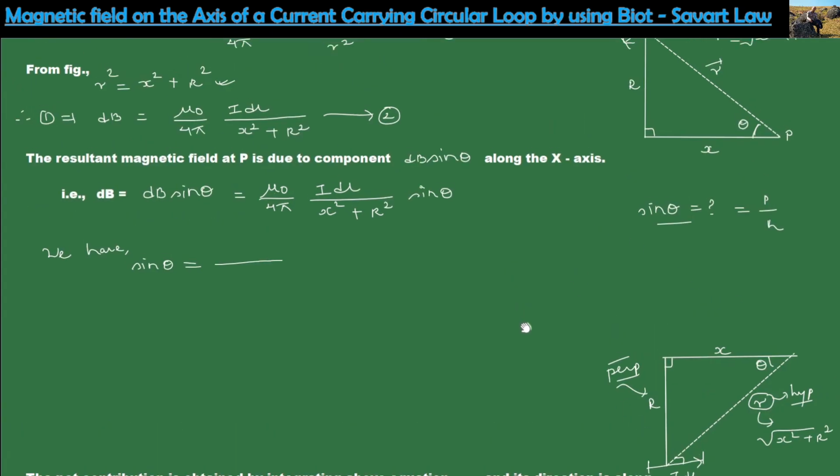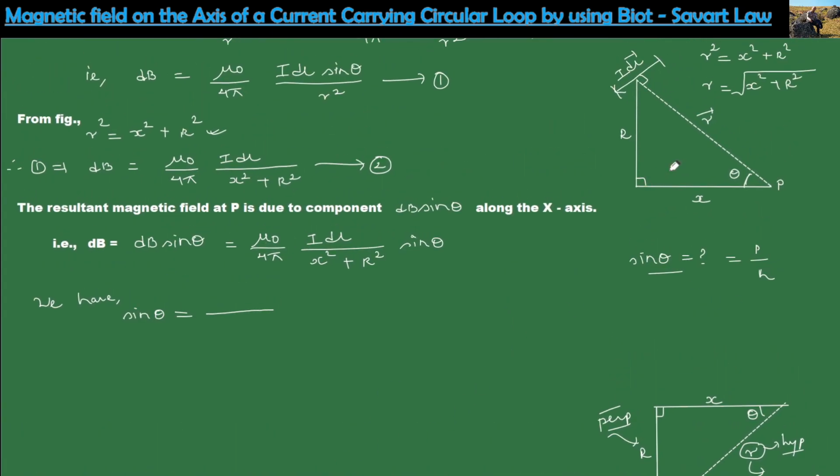Similarly, over here also, what will be the perpendicular? The perpendicular in this case will be this r, the radius of that coil. This value of r will be your hypotenuse. So from here, the value of sine theta will be perpendicular by hypotenuse. Also, I'll write capital R divided by root over x square plus capital R square.